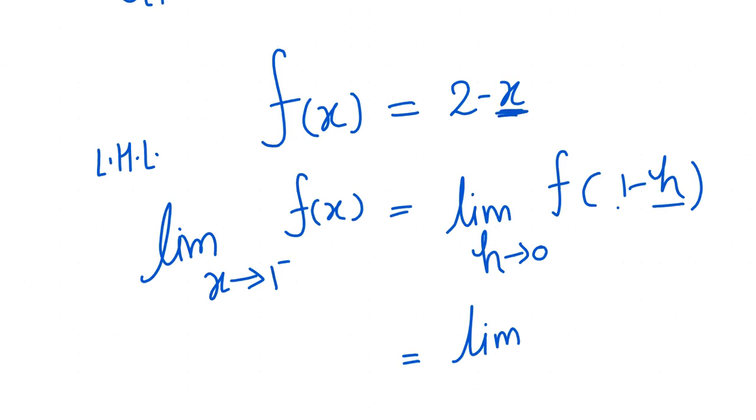Because here we have 2 minus x, and in place of x we are taking 1 minus h. So everywhere we have x, you put 1 minus h.